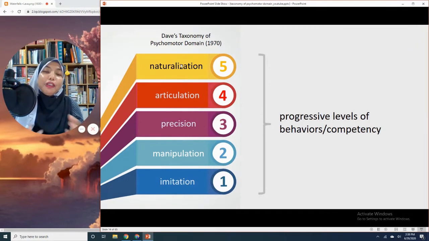And there are also authors who describe psychomotor learning and associate this learning with behavior, because when we talk about psychomotor, it does involve action, movement, hence, it does refer to a set of behaviors.